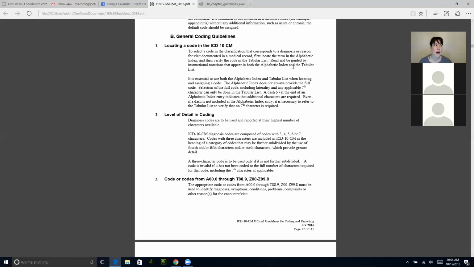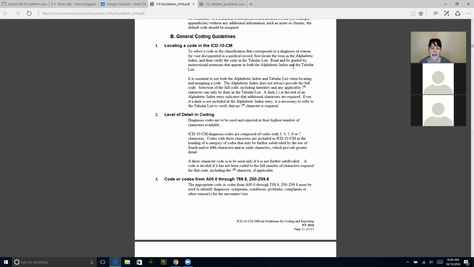But most of the time, if you actually have the code in front of you for the exam, for test taking purposes, they're going to give you those 4 multiple choice answers. So you'll have 4 different codes already. You don't have to verify by looking up a term, and you would just go to the tabular to save time. And we'll get into that when we start covering test taking practices.